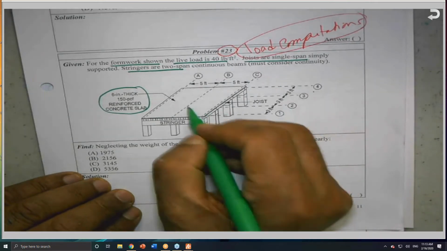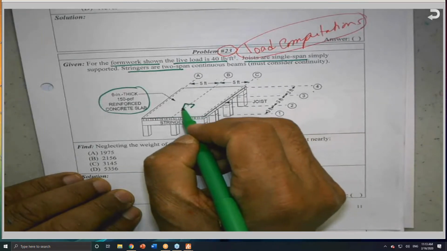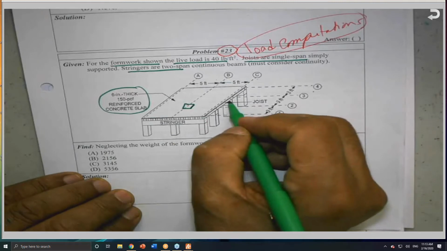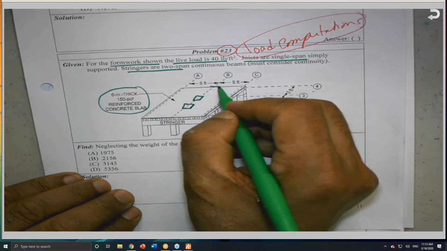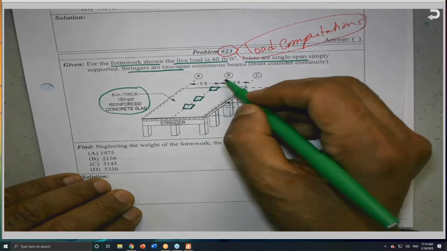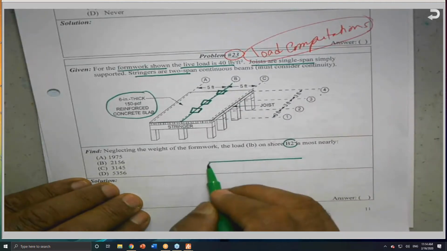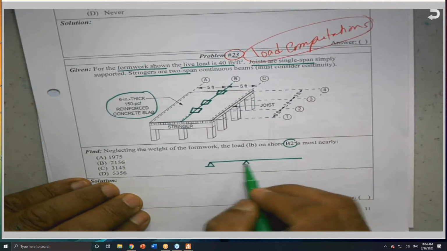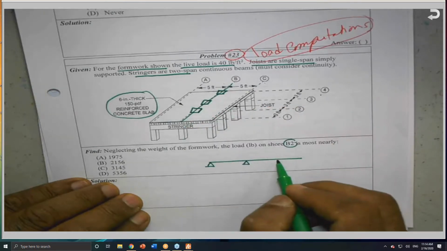As I told you, there's a column here, and there's a column here, and there's a column here. If we take this line B, as in boy, you will find it is like this. We have 1, 2, 3 slabs, 3 spans.